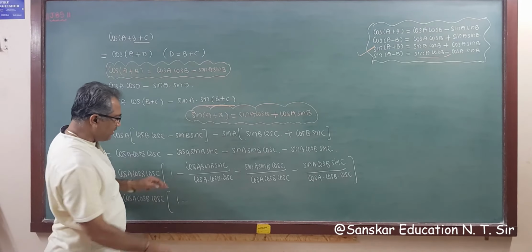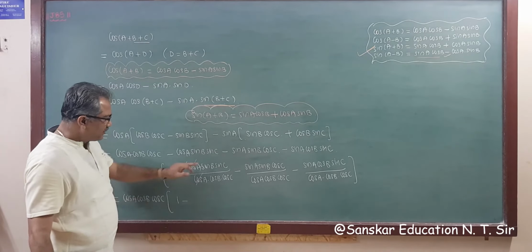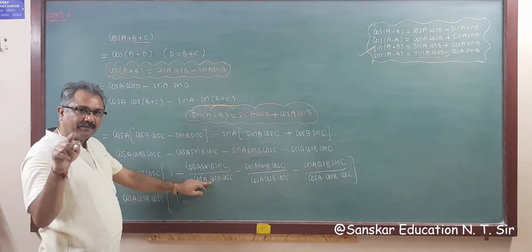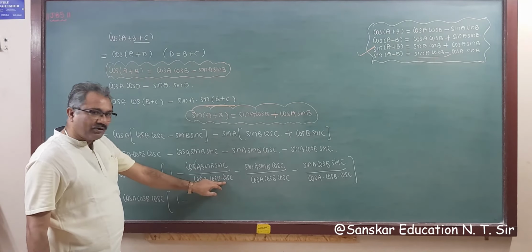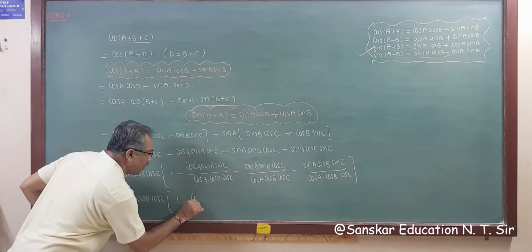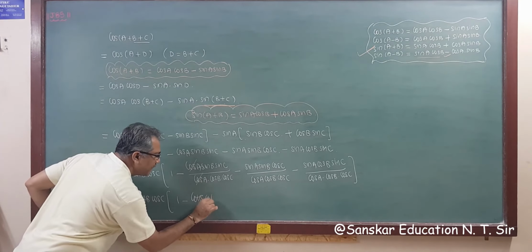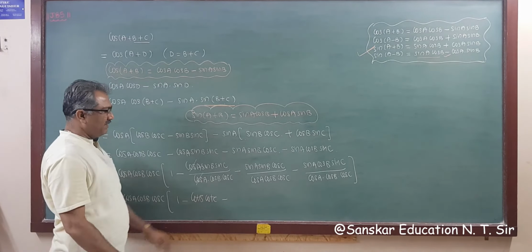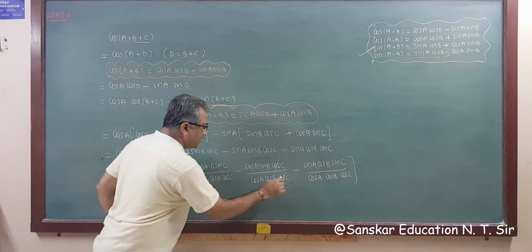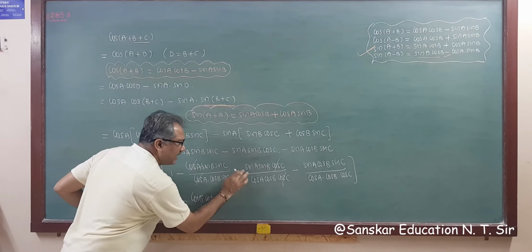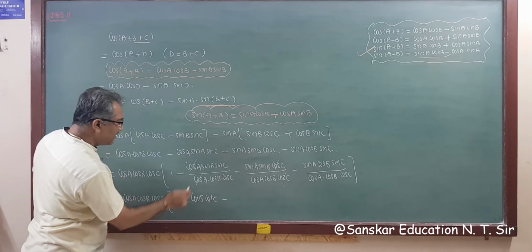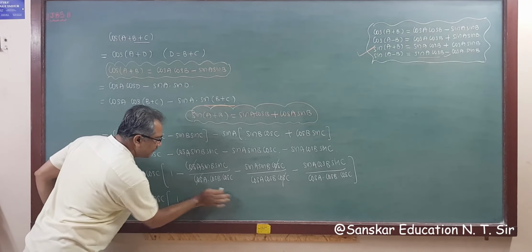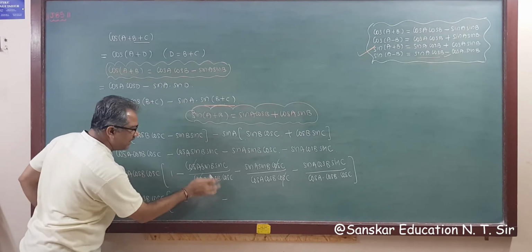Now from here this cos will be cut, so sin upon cos is cot? No, this is sin upon cos, that is tan.